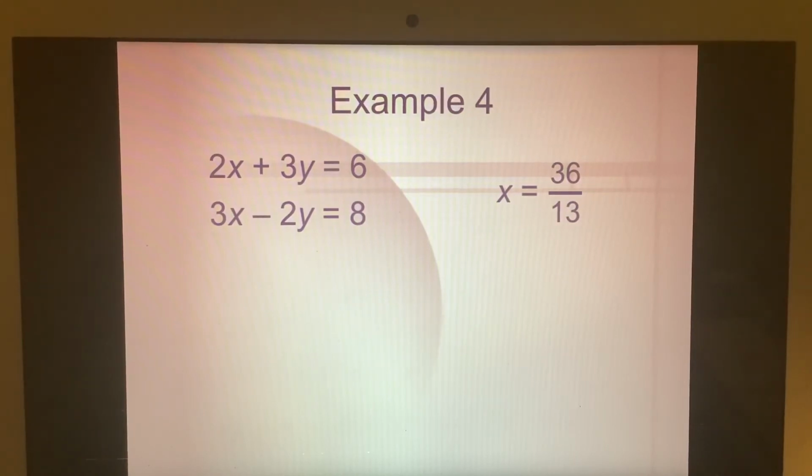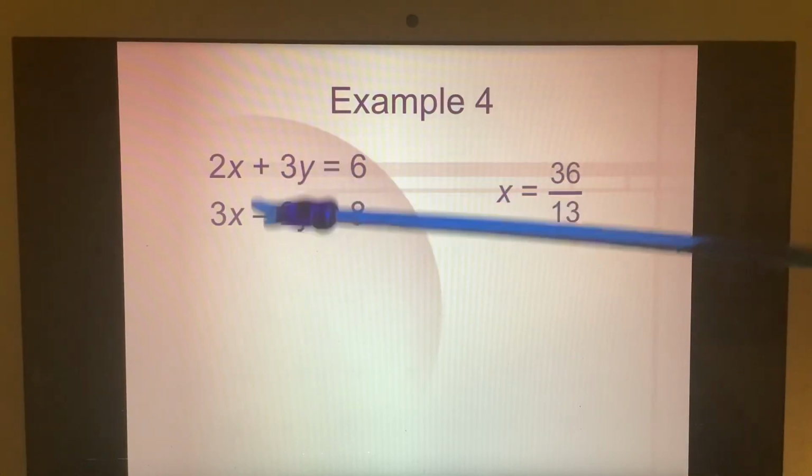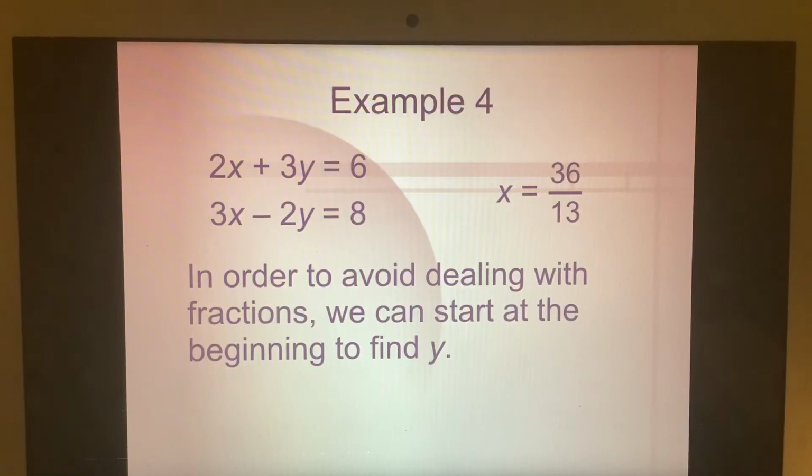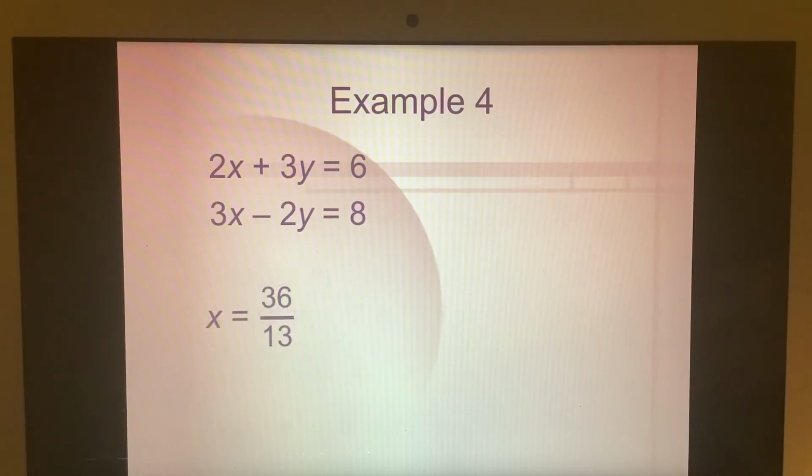That's my x. Well, then I have to plug that back in to one of these equations right here, and then solve for y. In order to avoid dealing with fractions, we can start at the beginning to find y. So 36 over 13 is x.